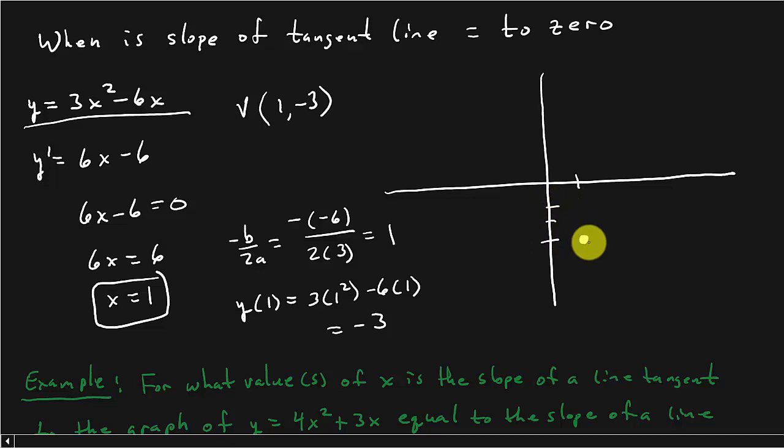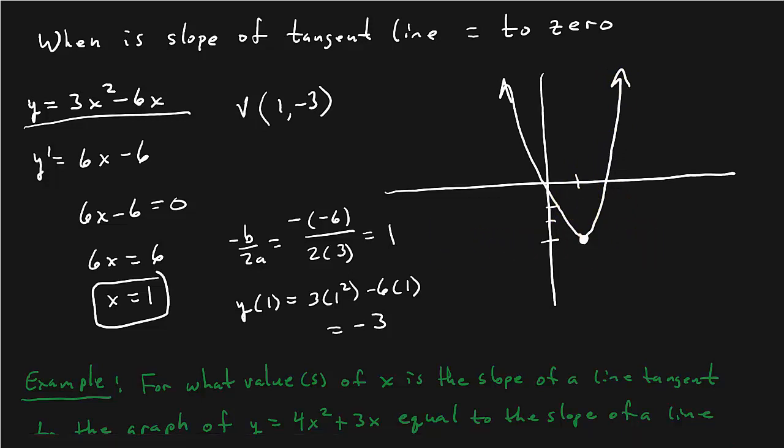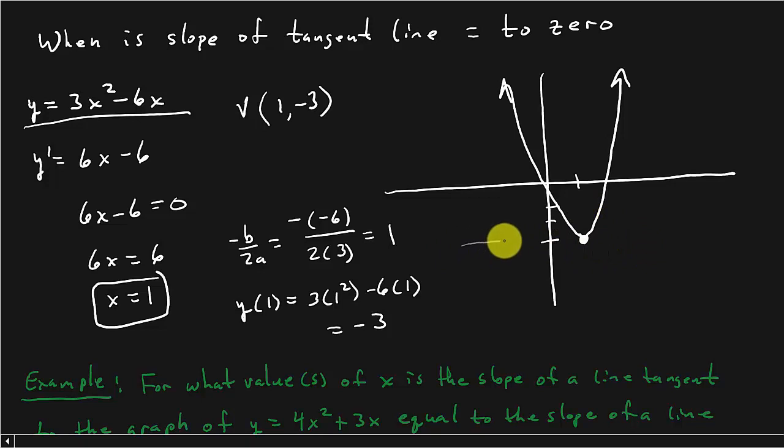There's your vertex, and we know it's a parabola that opens upward, so it's going to go through like this. And at x equals 1, here's your tangent line right here. It's horizontal, right? Isn't that what it said?